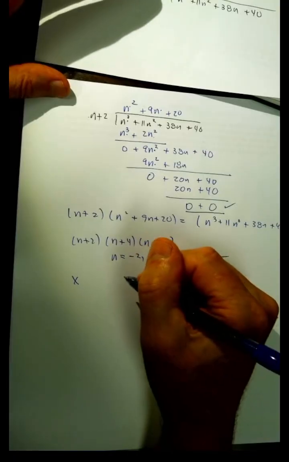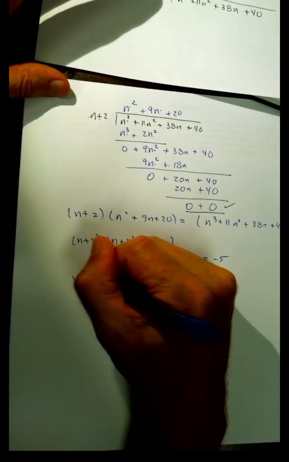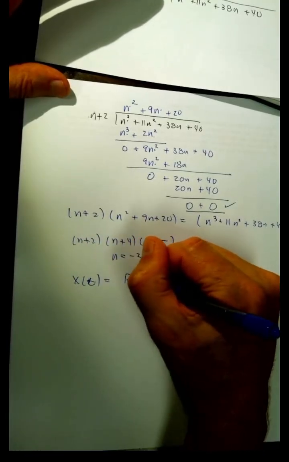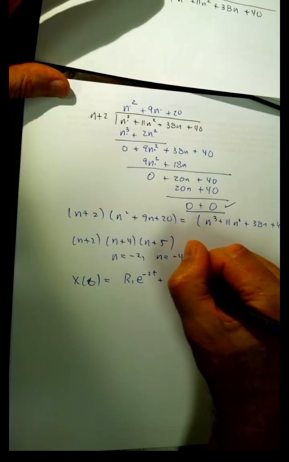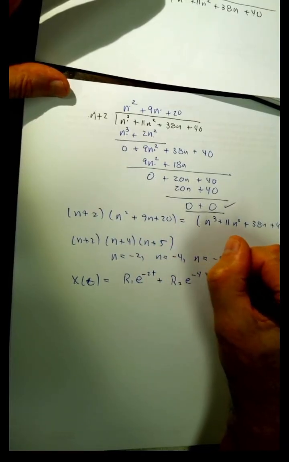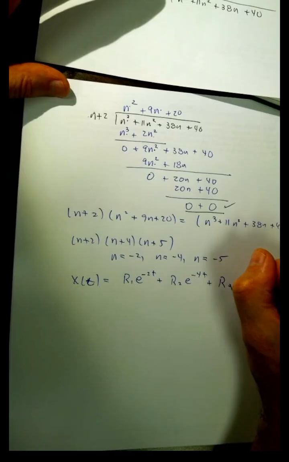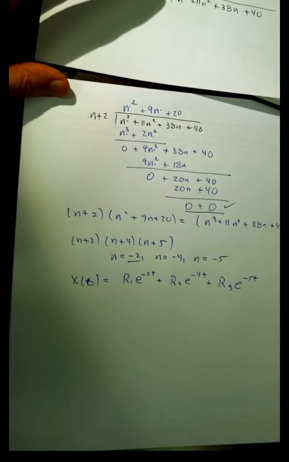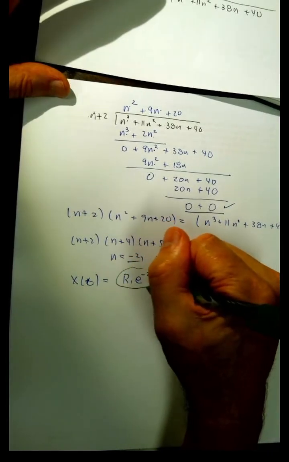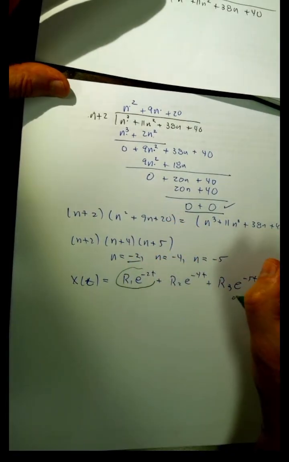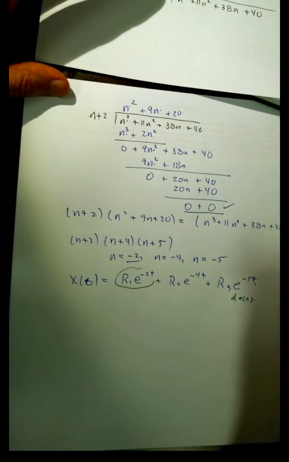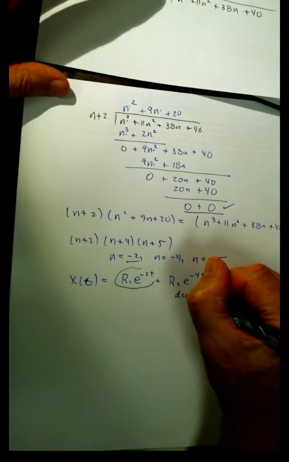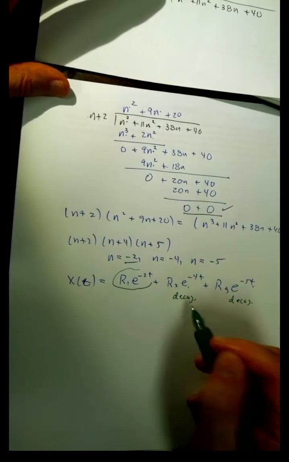So my solution to my original differential equation is x of t equals r1 e to the minus 2t plus r2 e to the minus 4t plus r3 e to the minus 5t. Notice minus 2 is the largest of those numbers, which means that is going to be the dominant term. This decays to 0 really fast. This decays to 0 the next fastest.